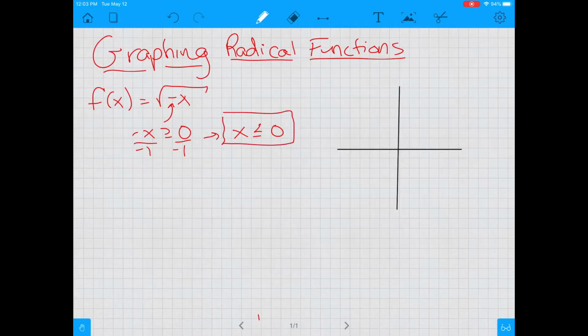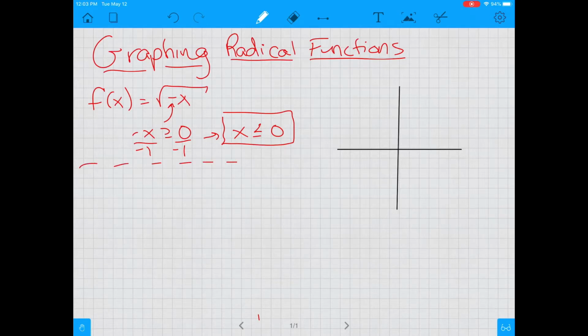And so what that means, and I think it makes sense, all of the x values that will be a part of the domain of this function have to be less than or equal to 0, or negative, right? If I plug in a negative number for x, the negative that's in front then cancels out the negative, therefore making whatever's underneath a positive number. I think that makes sense.